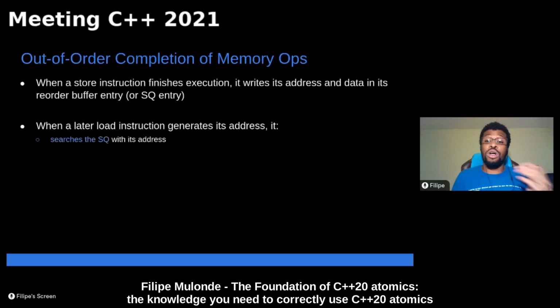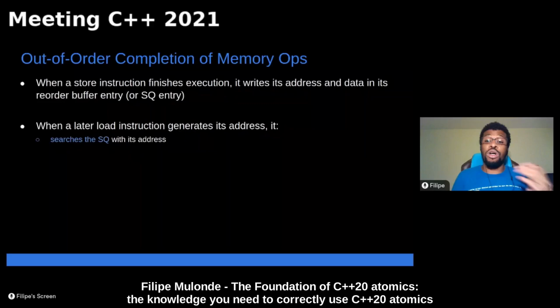So now let's talk about out of order completion of memory. It's going a little bit out of time because we are going to really understand how it affects the memory model in a couple of slides. Just hold on. So when a store instruction finishes execution, it writes its address and data in its reorder buffer entry or the store queue entry.